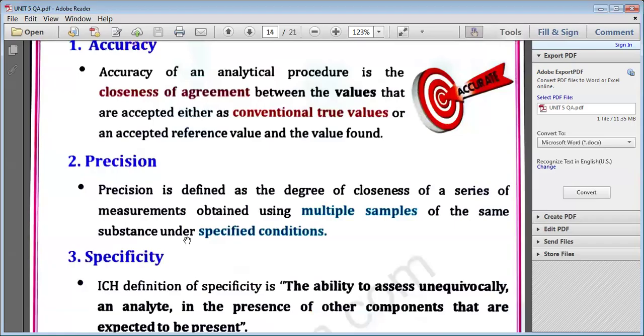If the values are accurate but not precise, the method validation is said to have failed. If the values are precise but not accurate, in such cases also those values are not going to be taken into consideration. So the values should be both accurate and precise.